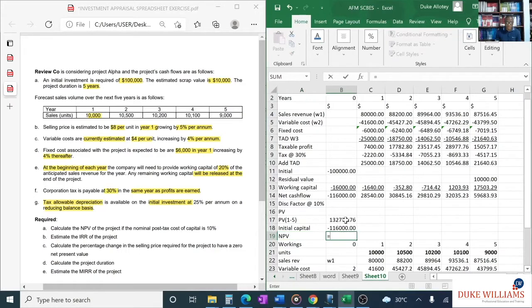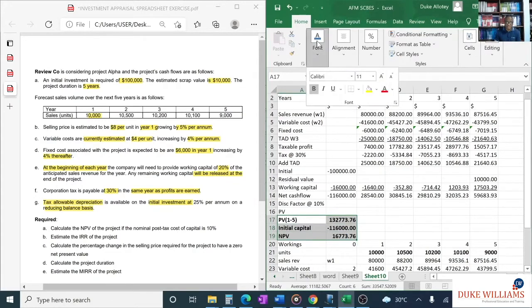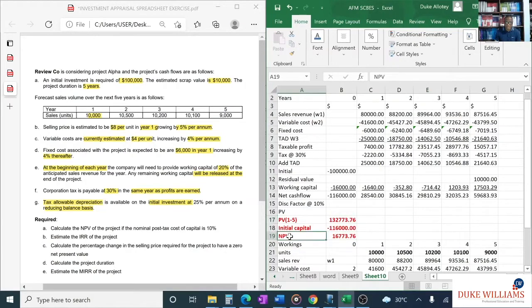So I have this, add on that bit there, and then you have 16,773 as that. So beautiful. Let me just bold this and probably give it a bit of color. Yes, so that is the NPV sitting there beautifully. That's the NPV, 16,000. So you can just get your head around this.